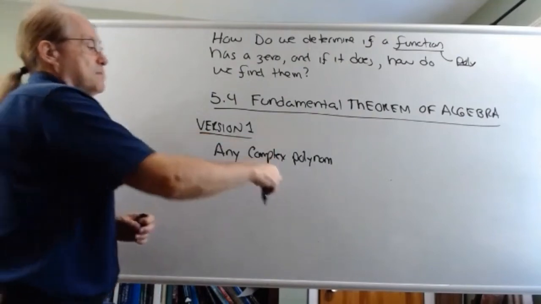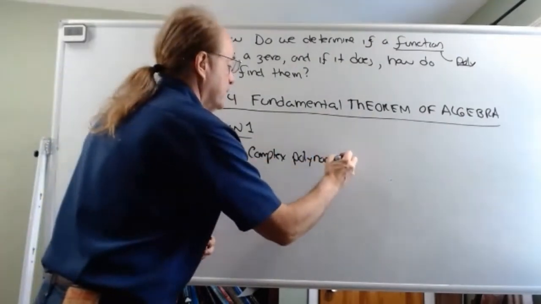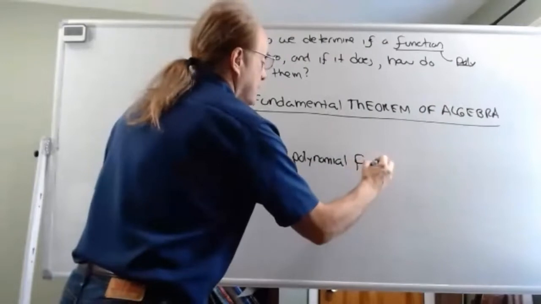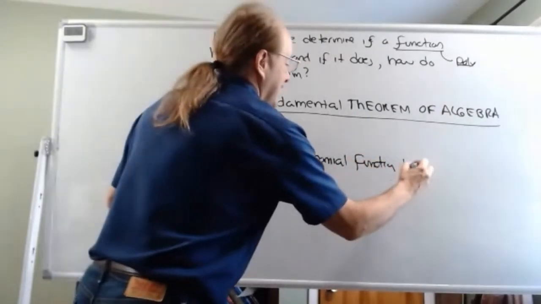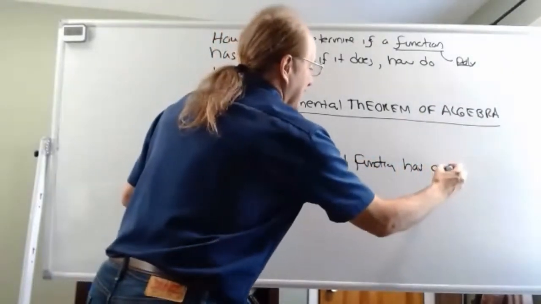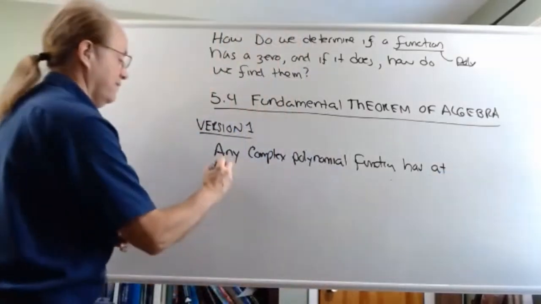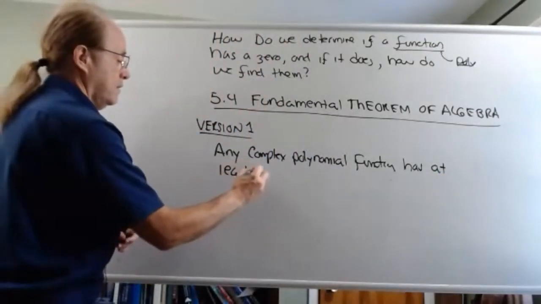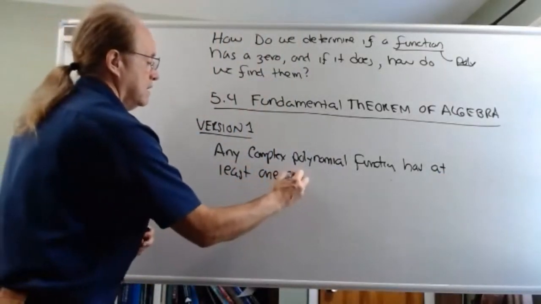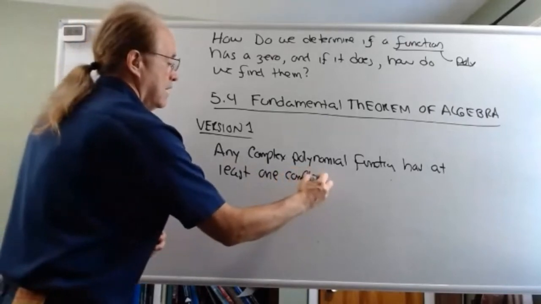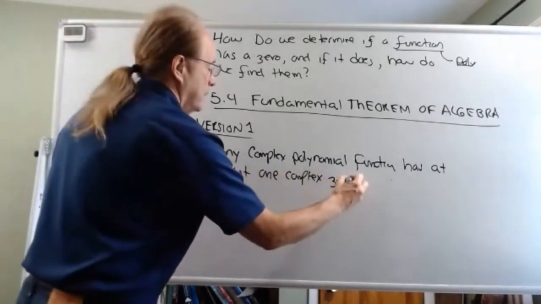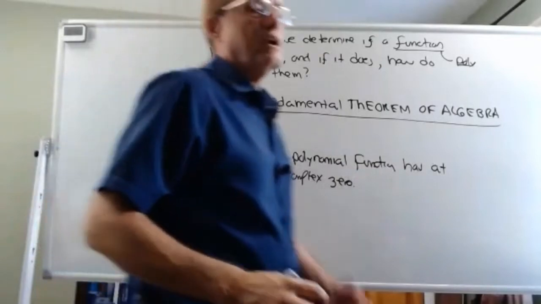But any complex polynomial function has at least one complex zero. Well, why don't I like this?